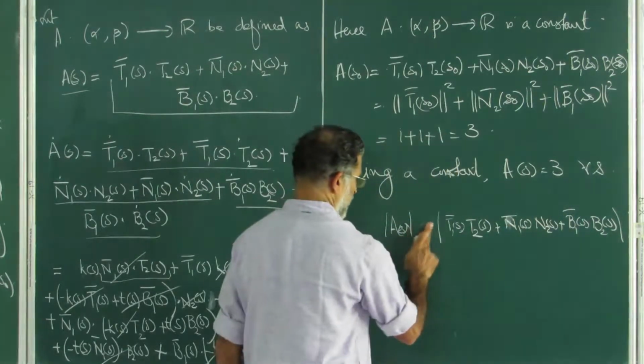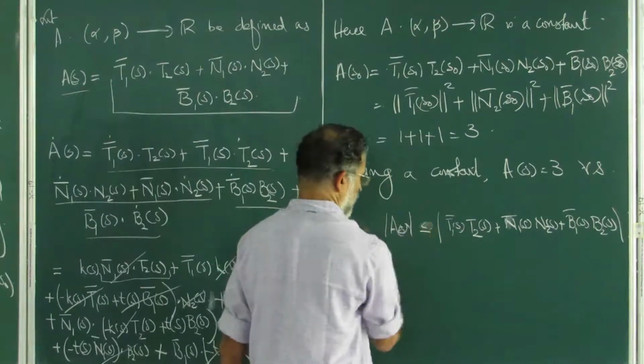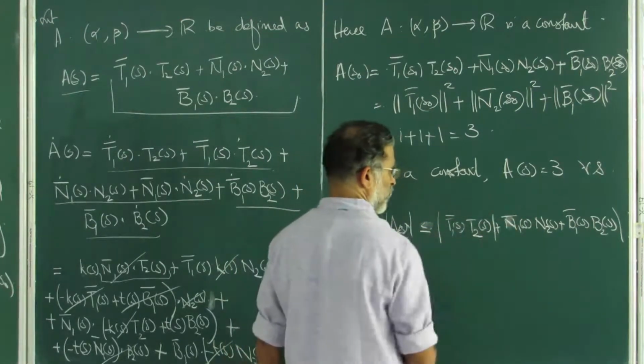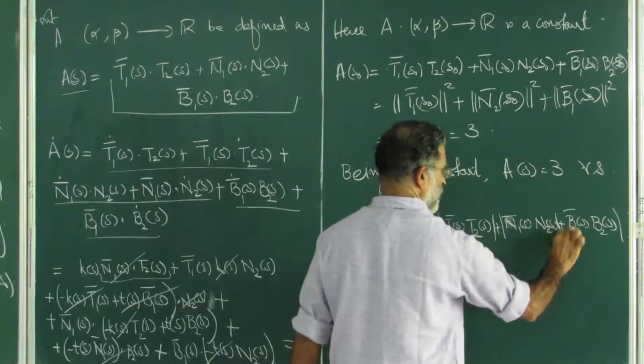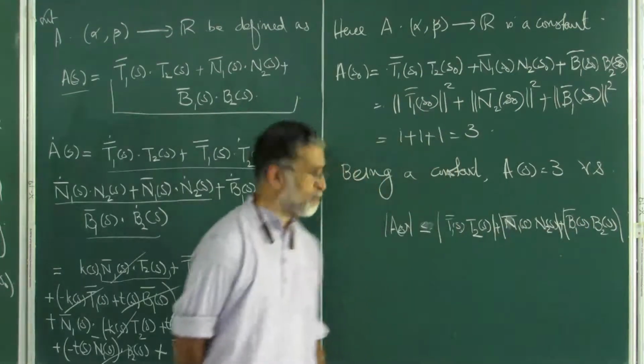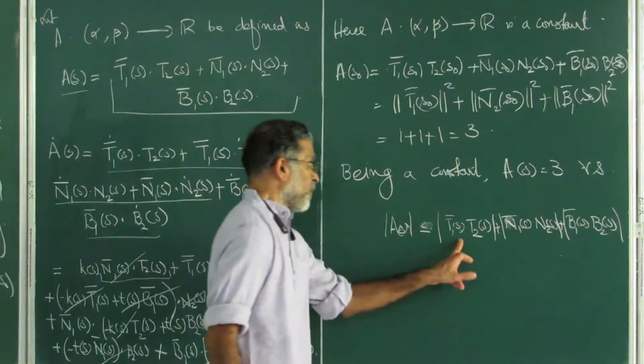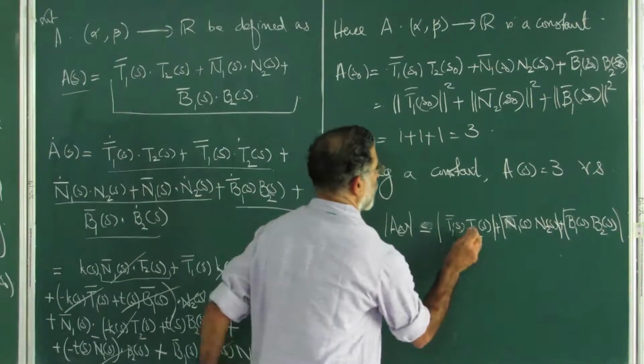So I don't rewrite, I will just write this. This is less than or equal to this plus this plus this. This is triangle inequality. But what do you know about this? Norm of, this is all dot products.